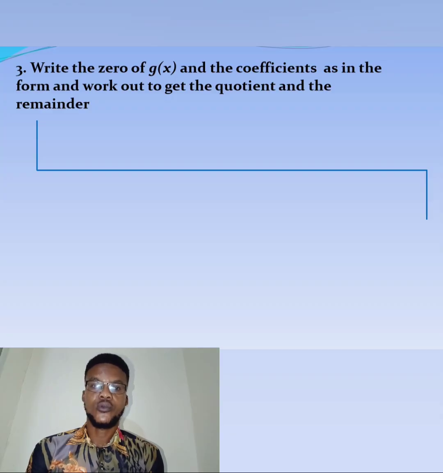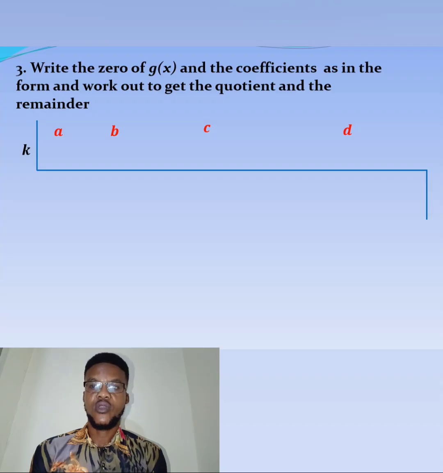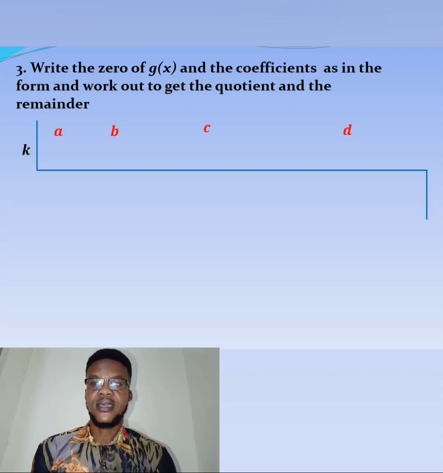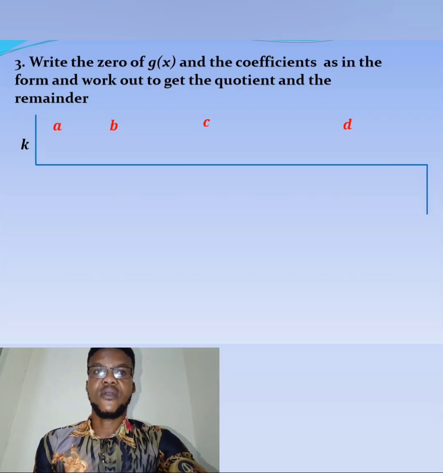So you put your first coefficient, second one, third one, fourth one, and if there's another, you add. But here we don't have another, so we also put the zero. So you see where we write the zero and where we write the coefficients. Have you gotten that? So once you get all these things, then you go ahead and do the calculation.